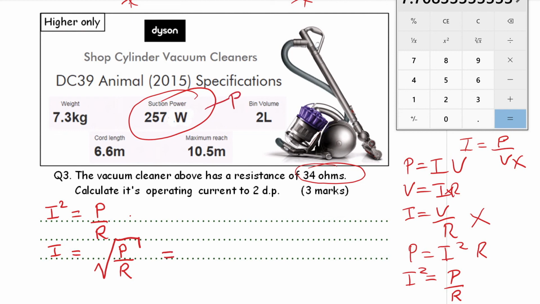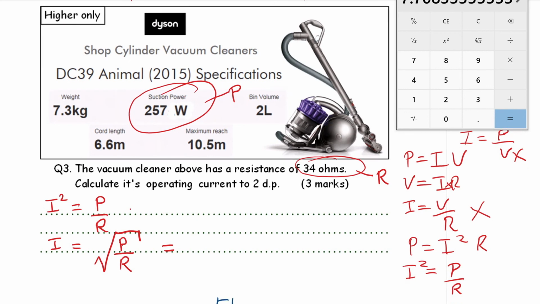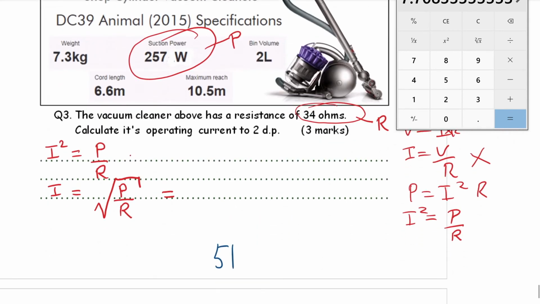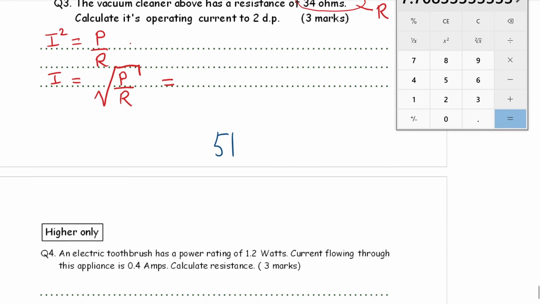Here's your P, here's your R, and you substitute your P and your R into that equation, work out the current. So that's quite a challenging question.